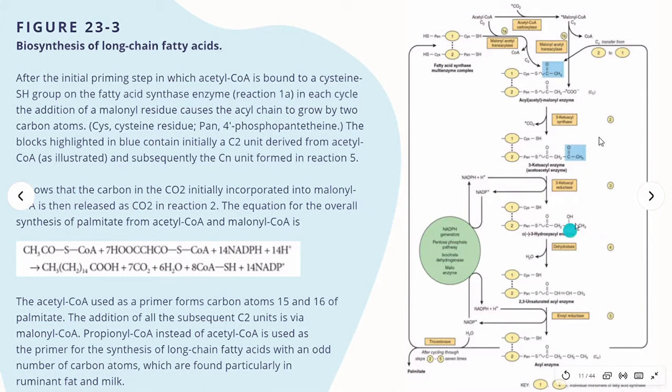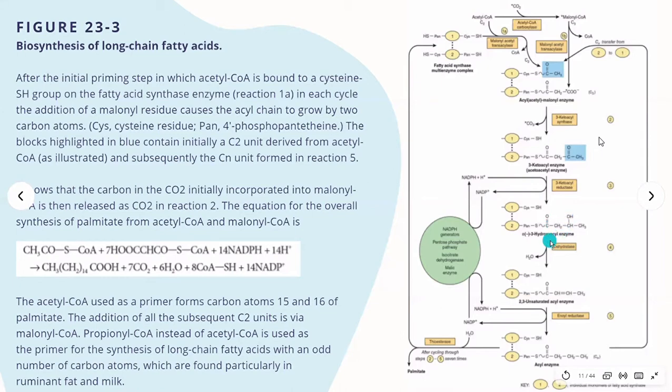So you have now a hydroxy, still attached to the enzyme. That's why it was called 3-ketoacyl enzyme. Now it says 3-hydroxyacyl enzyme. So this is the enzyme that is still attached.